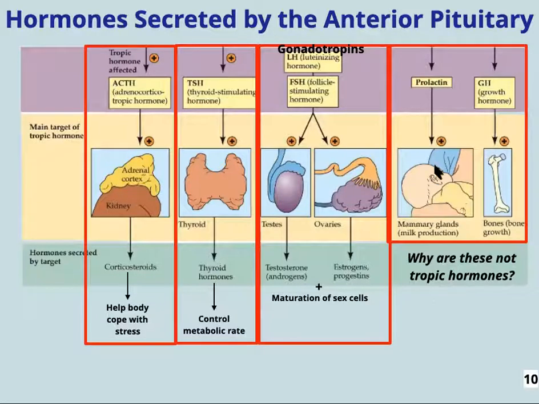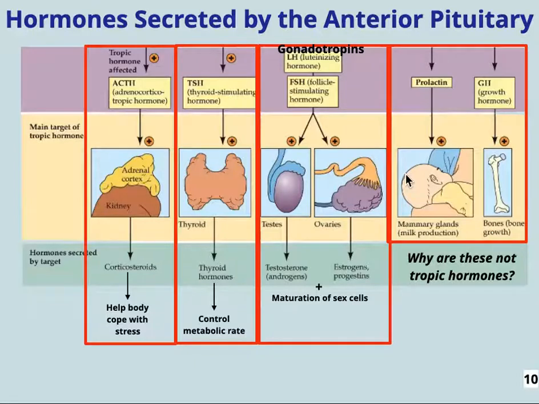So why are prolactin and growth hormone not tropic hormones? Take a moment to think about that. You can pause this video. The reason why prolactin and growth hormone are not tropic hormones is because their action on their target organ doesn't trigger the release of another hormone.